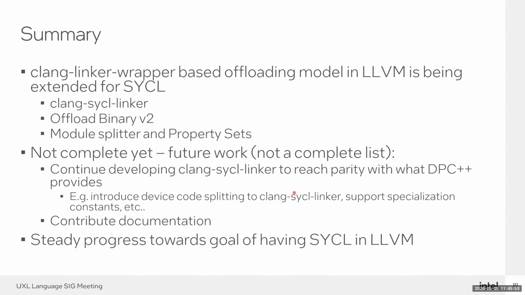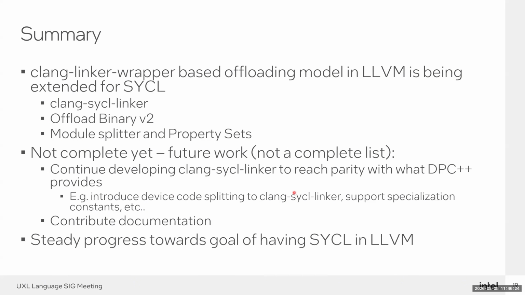But eventually, what we will need to do, and what Clang SYCL linker supposedly will do, is extract information about specialization constants from input device code, and then populate property sets with information for offsets.